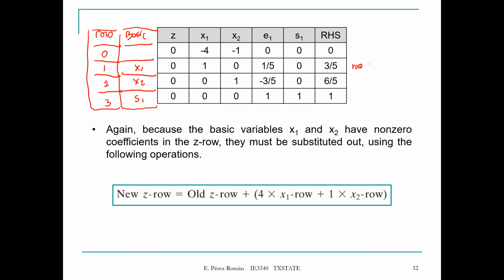So we multiply row 1 times 4, and then we add that to row 0. And we multiply row 2 times 1, and we add that to row 0. So the goal is to make these 2 equal to 0.